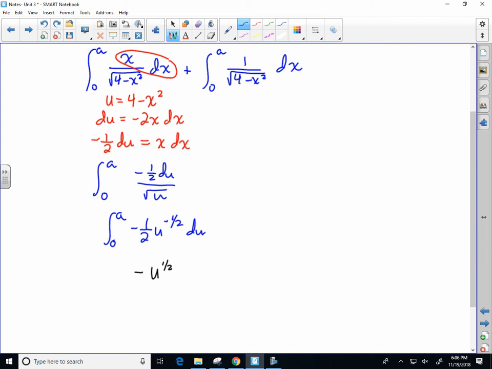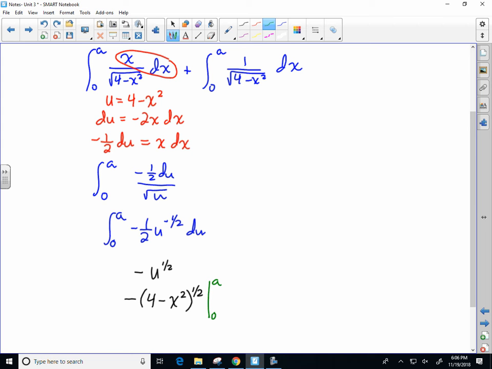It's ugly. We'll have to deal with that at some point, but I don't want to deal with it right now. So I'm going to reverse substitute, make it negative 4 minus x squared to the 1/2, and that's happening over the interval of 0 to a.